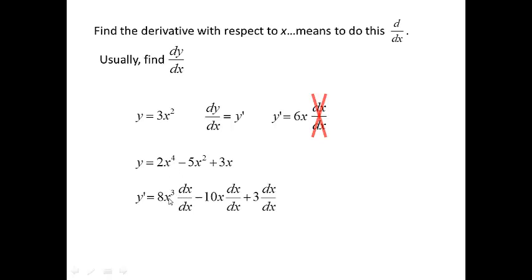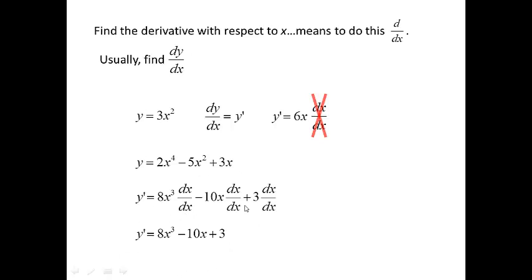And then we're using the chain rule, we get dx dx, which we know cancels and we don't write that. We have not written this part so far, right? So now this is negative 5 times 2 is negative 10, reduce the 2 by 1, and then dx dx, and then 3, take the 1 times the 3, there's no more x, and that's dx dx, and those cancel, and we just get this. This is what we've been normally doing.